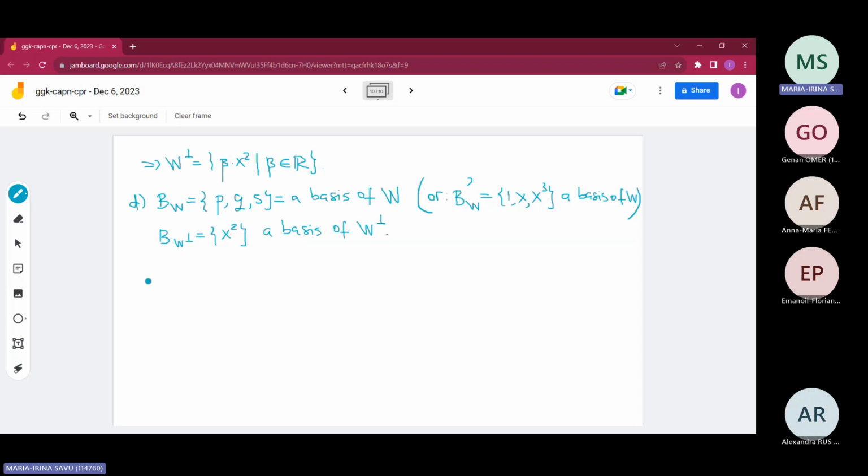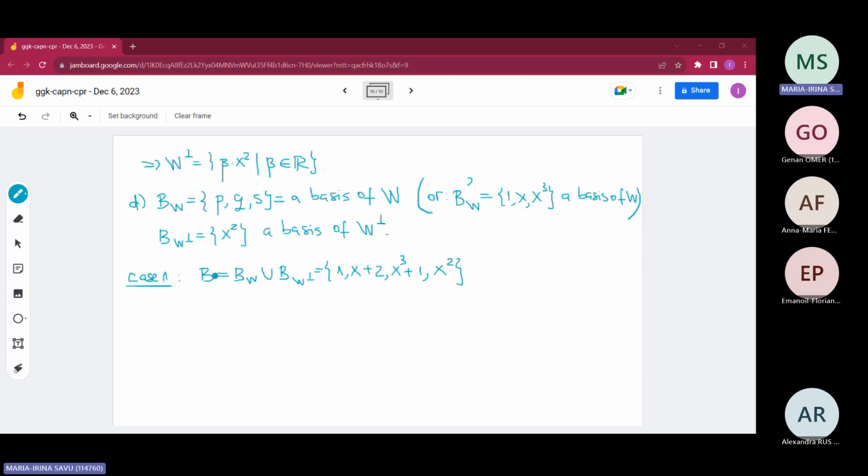So we have two cases. Case one, we choose B to be B_W in union with B_W perpendicular, which is P, actually 1, Q, which is x plus 2, S, which is x cubed plus 1, and then x squared.